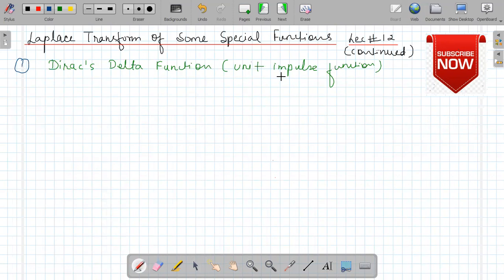So let me first define this function. Consider the function delta epsilon t, which is 0 for t less than 0, 1 by epsilon for t lies between 0 and epsilon, and 0 again for t greater than epsilon.